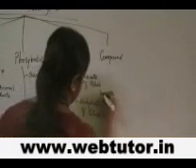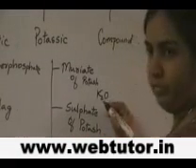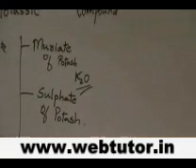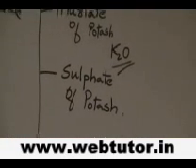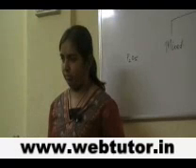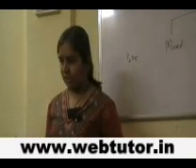It is highly soluble in water, so it is usually given in liquid form, and that's why it's known as muriate of potash. Muriate is usually a term used when anything is saturated with water.